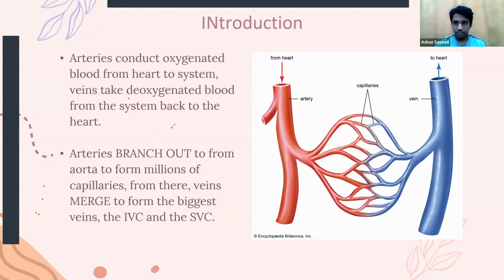Now the arteries branch out, as I discussed before in the basics. Arteries start fewer in number. They branch out to form millions of capillaries, and from there, veins start in millions, but then they merge together to form the biggest veins, which are the inferior vena cava and the superior vena cava.